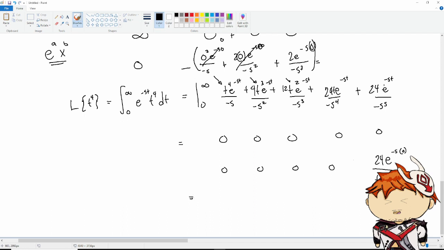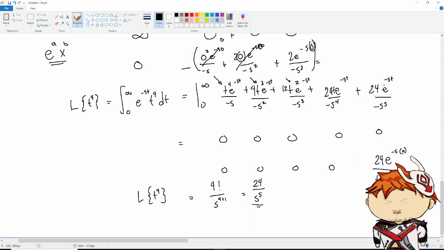So the Laplace transform of t to the fourth is 4 factorial over s to the 4 plus 1, that's 4 times 3, 12, times 2, 24, so 24 over s to the fifth.